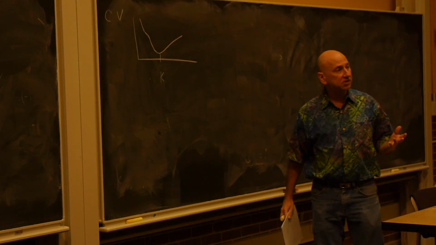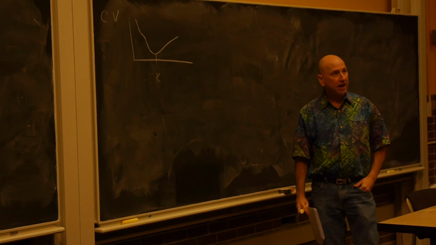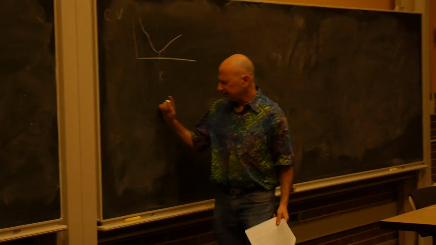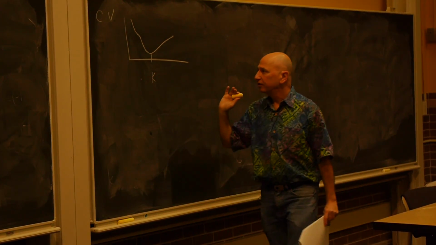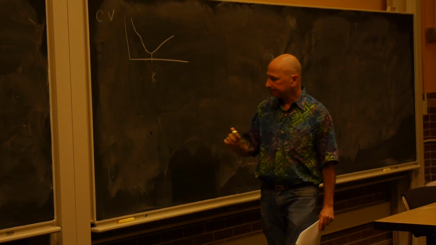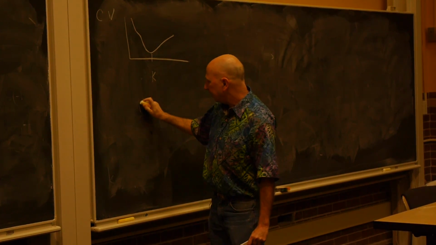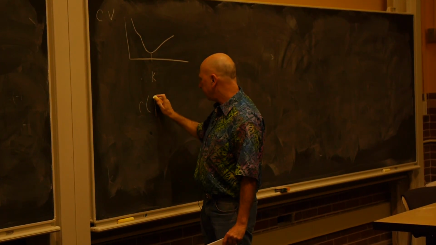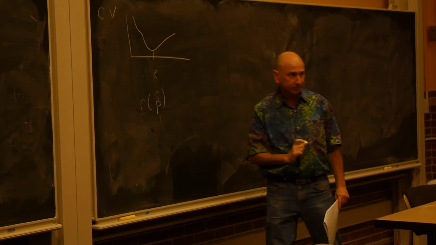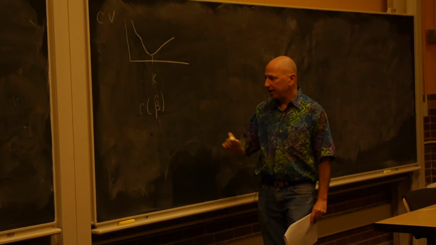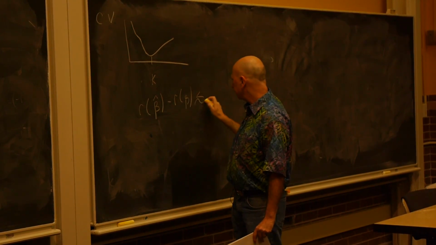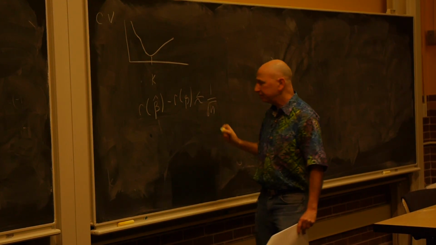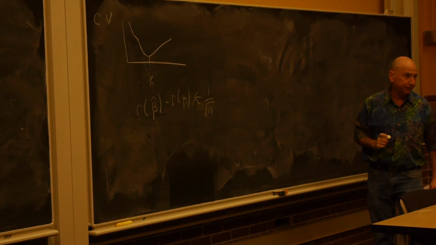What I'm working up to is the following fact: under fairly general conditions, if I did forward stepwise regression and I look at the predictive risk I get, and I compare that to some optimal thing, which I'll describe in a minute, this is something like 1 over the square root of n.